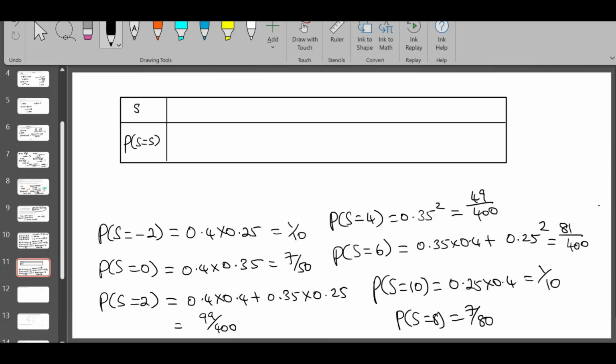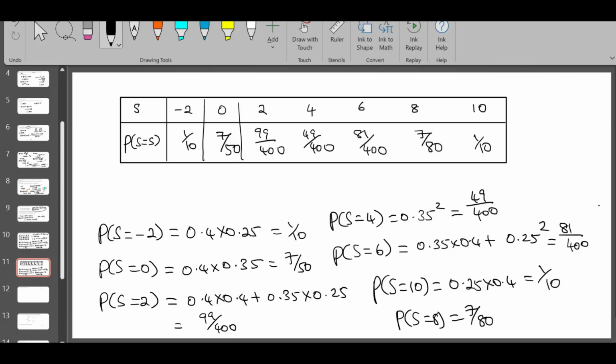The values are minus 2, 0, 2, 4, 6, 8, 10. This is 1 over 10, 7 over 50, 99 over 400, 49 over 400, 81 over 400, 7 over 80, 1 over 10. So this is the probability distribution table.